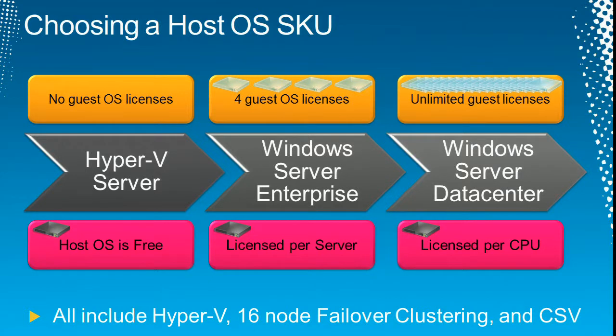Now, since it's free, it does not come with any licenses for virtual machines themselves. So you get this host layer for free. But whatever runs inside the guest VM, you still need to get that licensed. Now, the trade-off is, as you look at Enterprise or Data Center Edition, the other SKUs which support clustering, you get some licenses for the guests themselves. However, you're paying for the host.